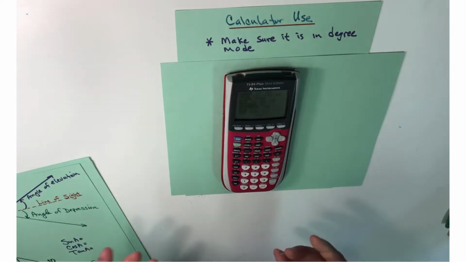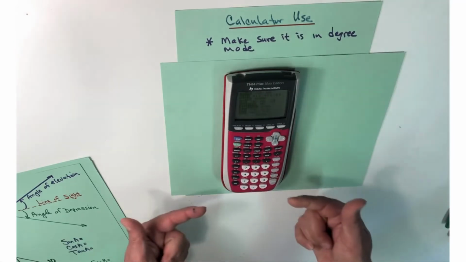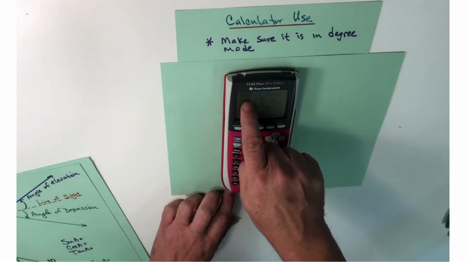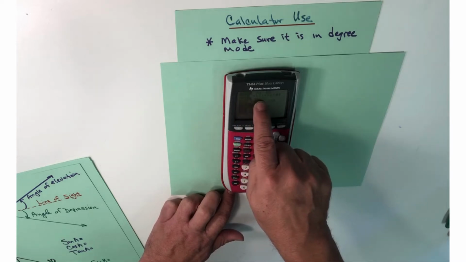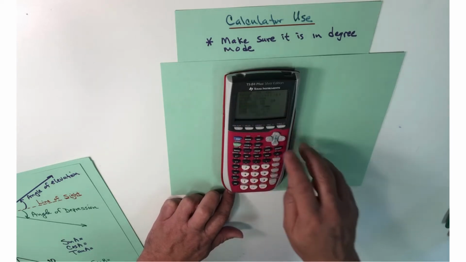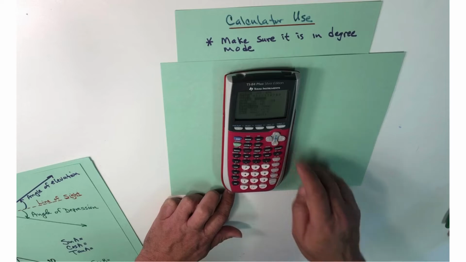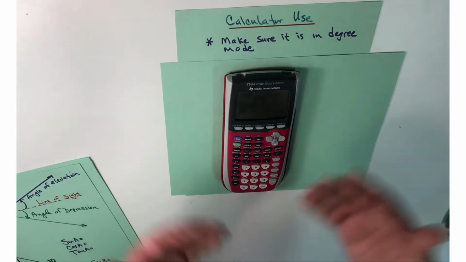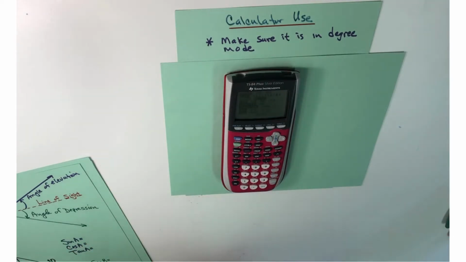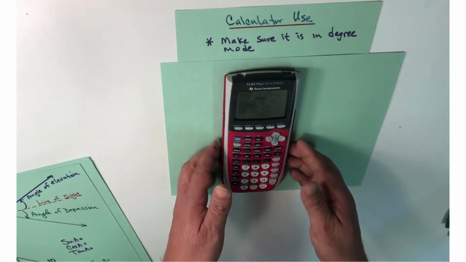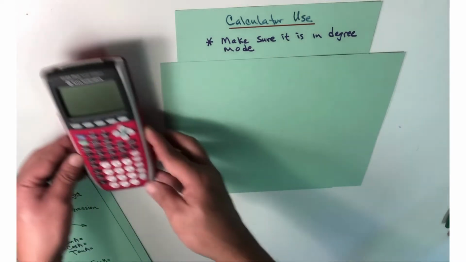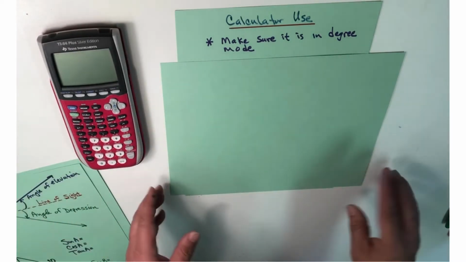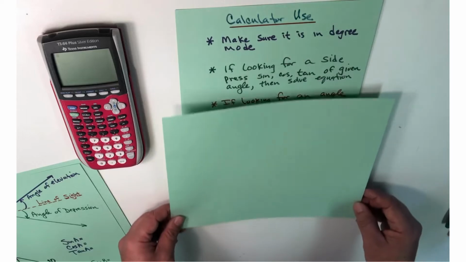And what you got to see is that the last person that used my calculator here was working with radians. It was probably a math analysis student. I need to be in degree mode. So let me go down and go over to degree and press enter. And now every time I turn it on, it will be back in degree mode and it'll be able to do the functions that I'm going to ask it to do. So let me clear that because I'm going to use it shortly. Again, must be in degree mode.